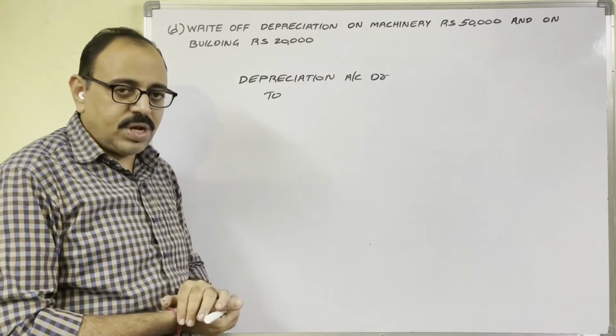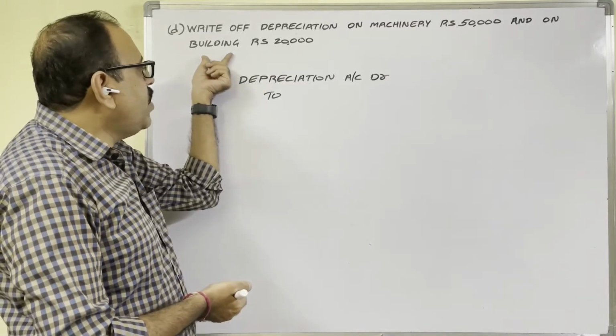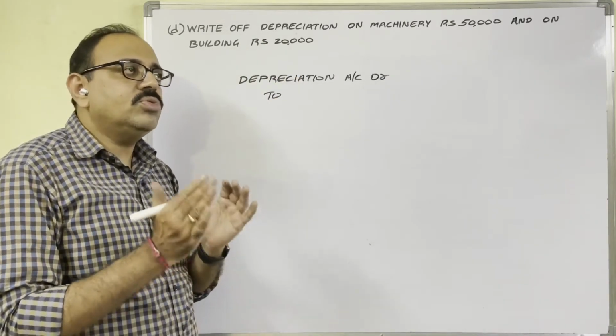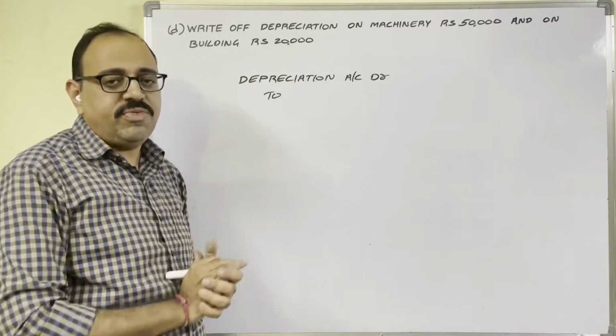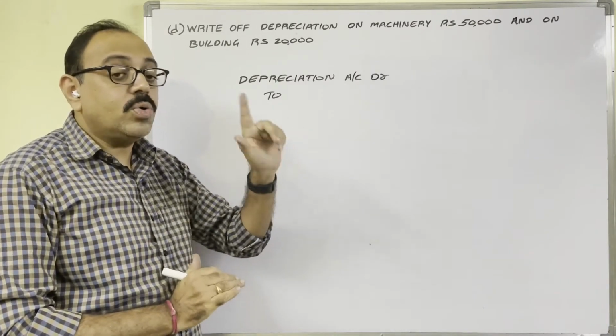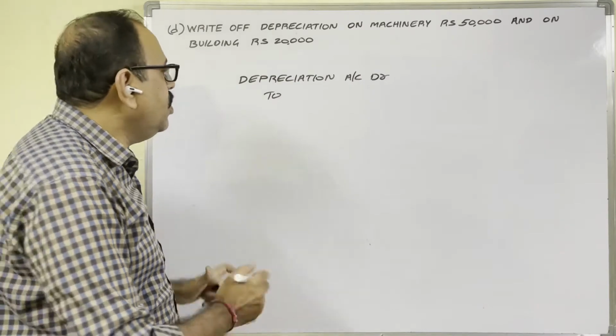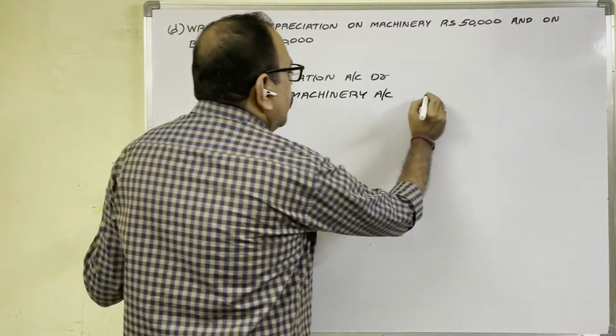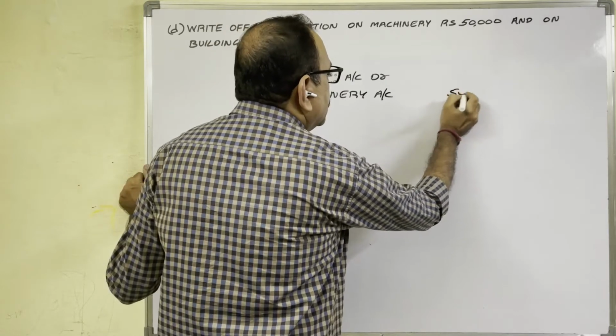It gives that meaning only. From building value, 20,000 is decreasing. Means 20,000 worth of building is going from the firm. So credit what goes out is applicable. Therefore, we should credit machinery account with 50,000 rupees.